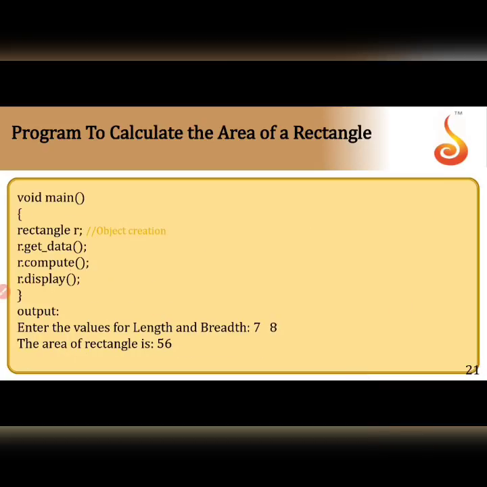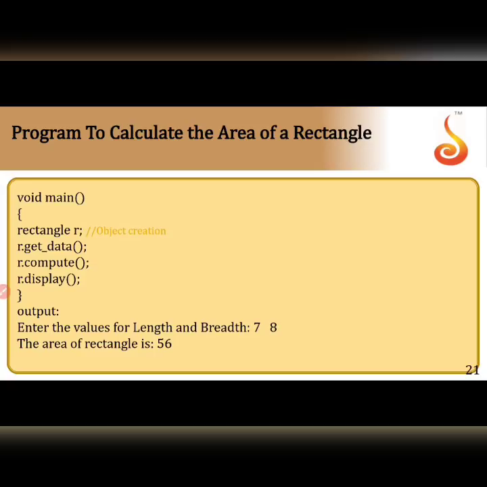Now I have to write the main. Without writing main and without creating an object, memory will not be allocated to the class, as well as I will not be able to access the elements of the class, because I have to create an instance of that class. Object is nothing but instance of a class. How do I create it? Void main, then rectangle.